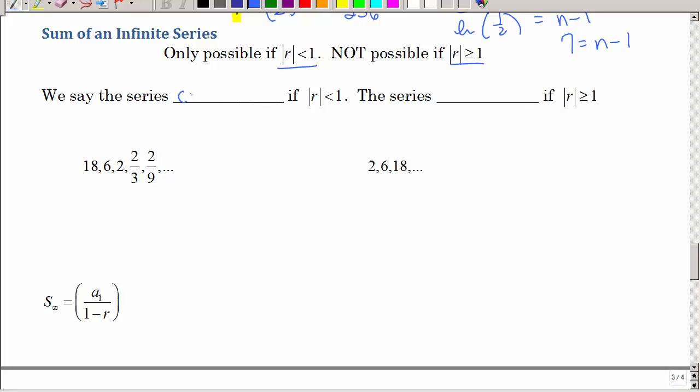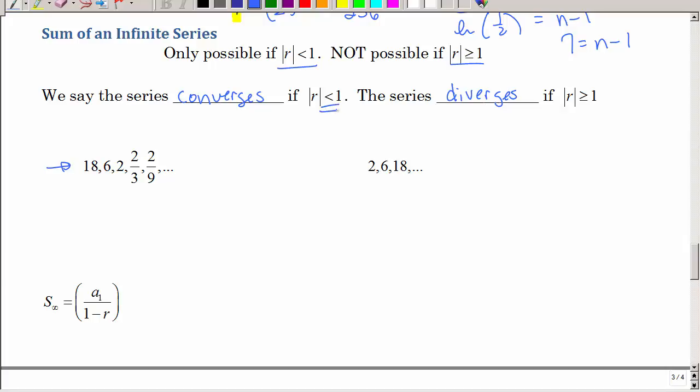So we say the series converges if the absolute value of r is less than 1, and the series diverges if the absolute value of r is greater than or equal to 1. Again, some calculus concepts, but at a pre-cal level. So I'm going to ask you, does this series converge or diverge?